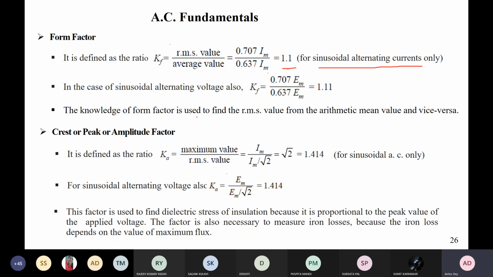Crest, peak or amplitude factor is simple. It is the maximum value divided by the RMS value, which is root 2, 1.414. This magnitude holds only for the sinusoidal. This factor is used to find the dielectric stress of the insulation, because when there is insulation there will be some capacitance formed, and that is proportional to the peak value.